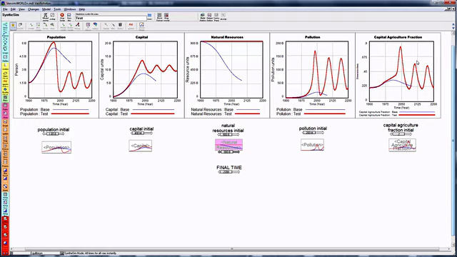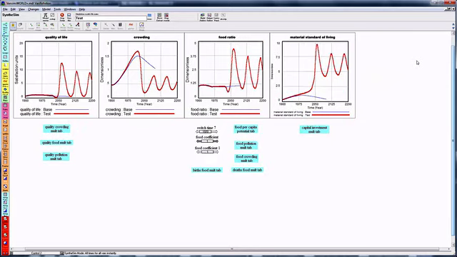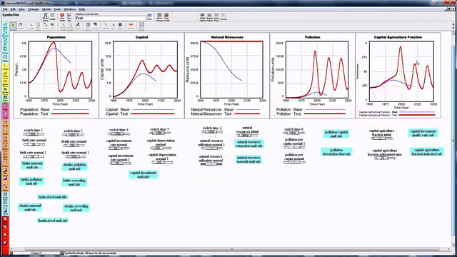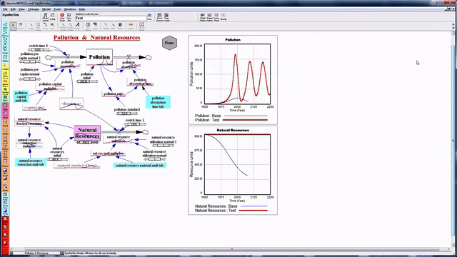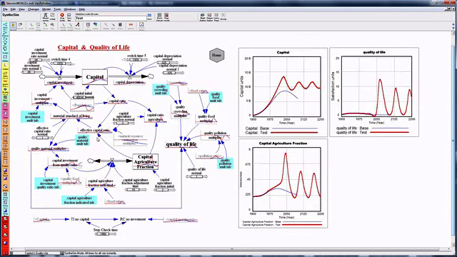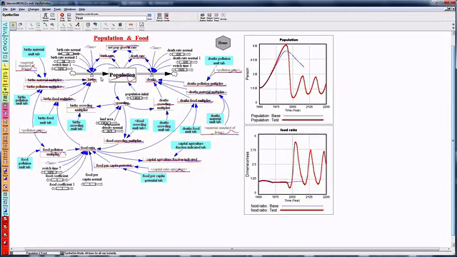Question is, where does it come from? Oscillations are always a bit tricky because they have a tendency to involve everything in the model. So in this case, natural resources can't participate because it's overridden, but I can see that many other things in the model are oscillating alongside the pollution variable.